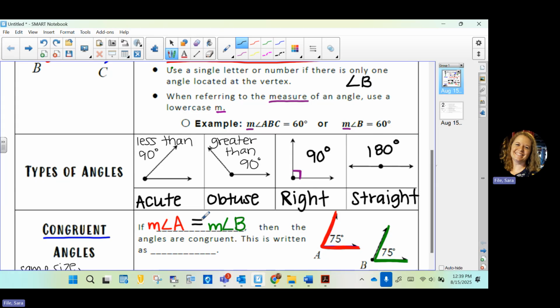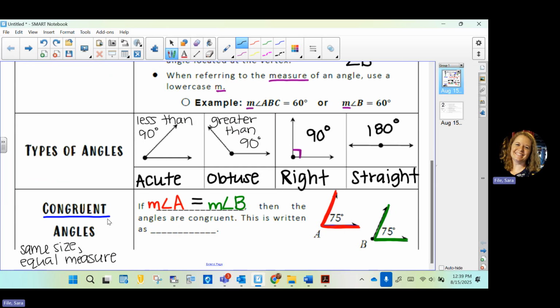Okay, and to write a congruent statement, that's what it's called, a congruent statement, you write the measure of angle A, and then the symbol for congruent is an equal sign with this little squiggle over it. So this symbol means congruent. So the measure of angle A is congruent to the measure of angle B. And actually, when we're saying congruent, you really don't even have to say the M. The measures are equal.